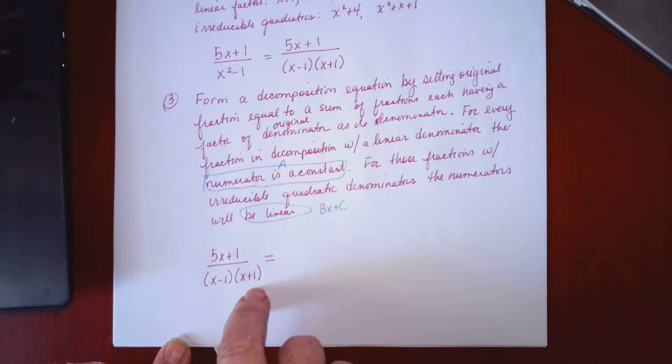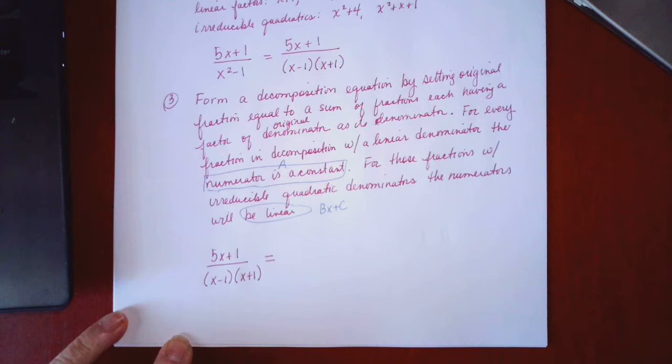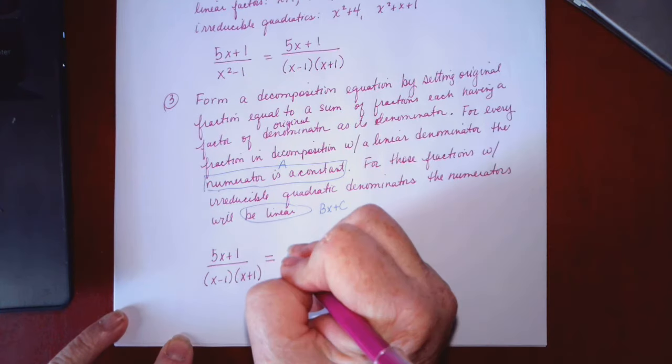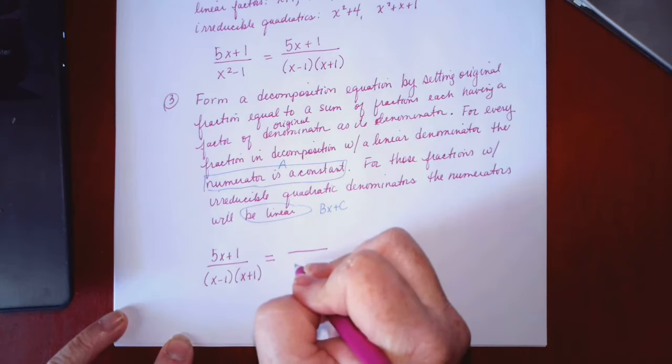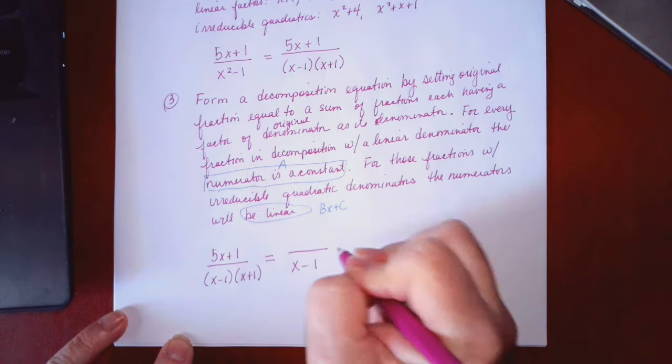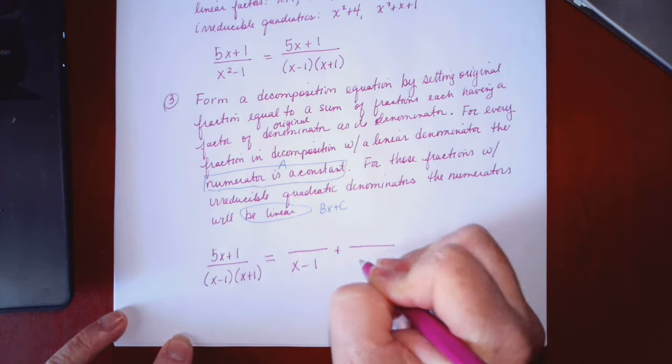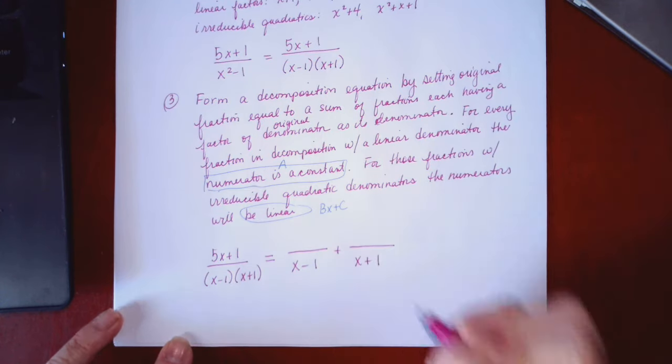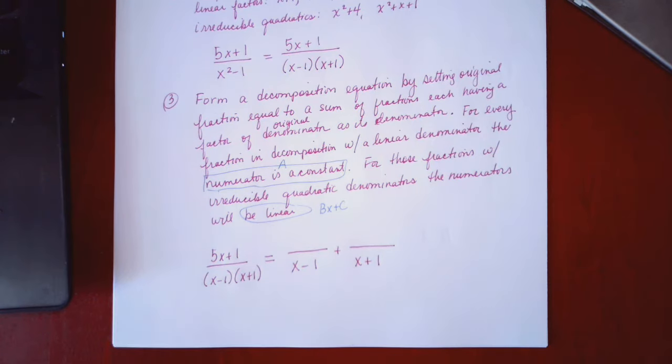Both are raised to the first power. So in my decomposition, I am going to need one fraction with an x minus 1 in the denominator and another fraction with an x plus 1 in the denominator. If these had been raised to powers higher than 1, I'd have to have extra fractions, but we'll look at one like that here in just a minute.